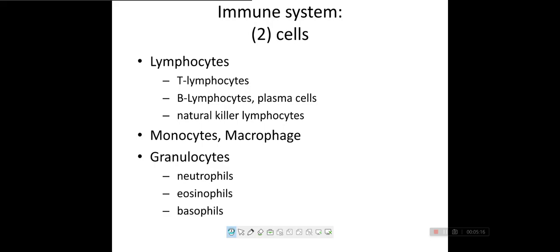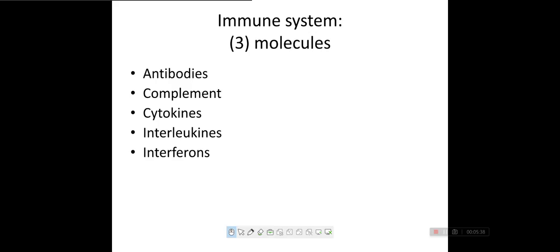The next lymphocytes are natural killer lymphocytes. Next are monocytes, macrophages, granulocytes. Granulocytes contain neutrophils, eosinophils, basophils. Clear?